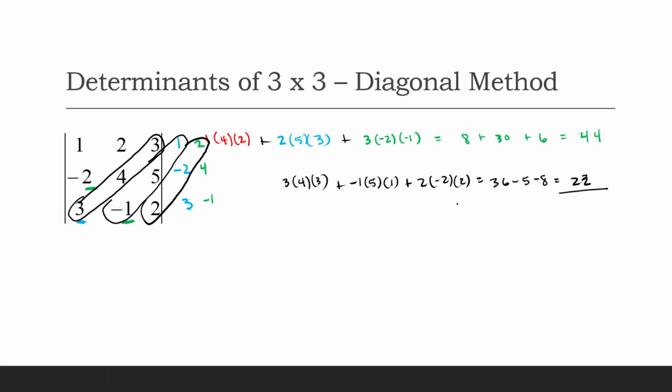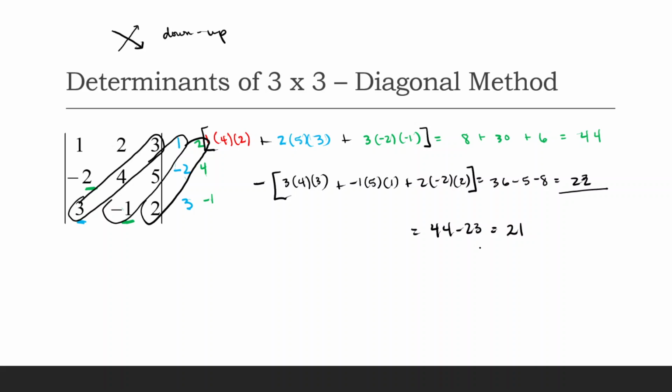And so what we did in 2 by 2s, we took the downward diagonal minus the upward diagonal, right? So down minus up. So we're going to do the same thing here. So I'm going to take all of these upward diagonals, and I'm going to subtract all of the downward diagonals. So what we end up with is 44 minus 23, or a determinant of 21.